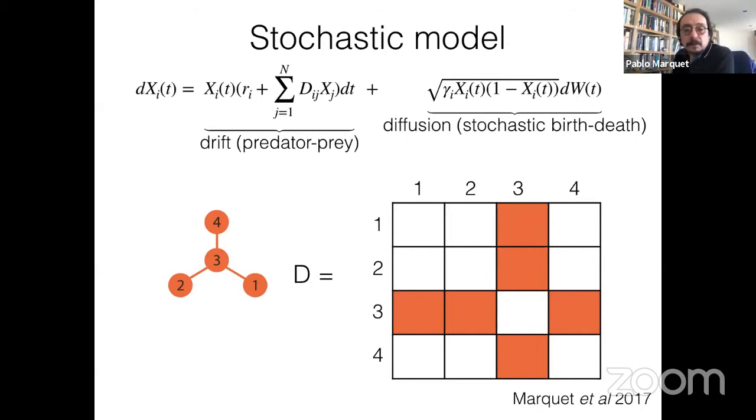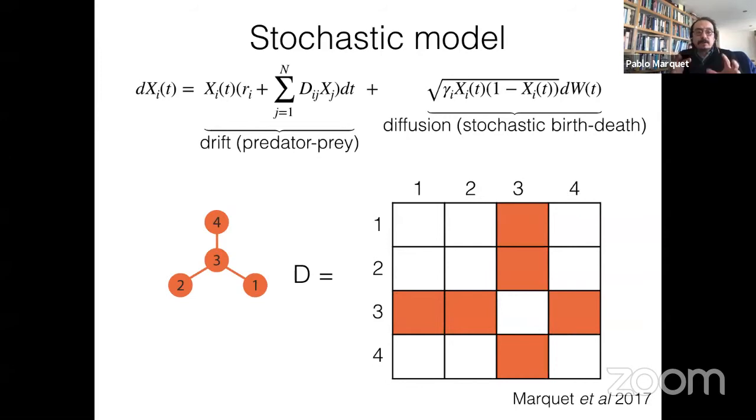So we tried to see how well different methods, again correlation, covariance, inverse covariance, and also an algorithm that has been developed to detect this kind of network, perform in reconstructing a network that we know.